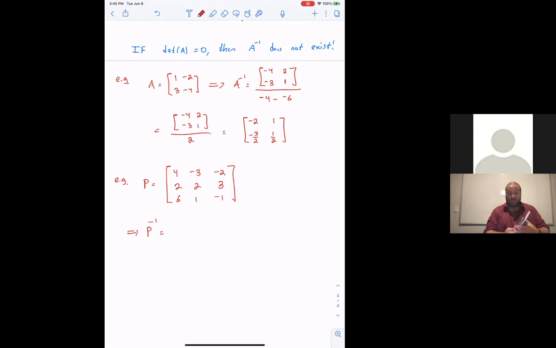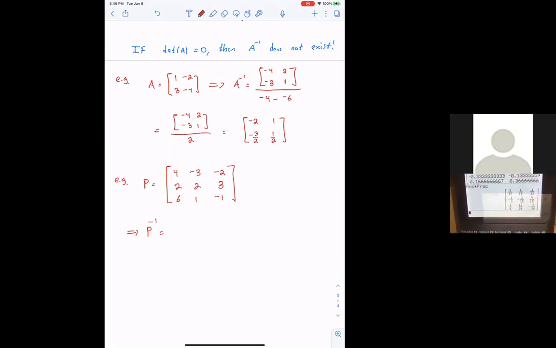Then I hit the X inverse button, which is the same as the matrix button, but not in second mode. So I have A inverse, and I hit enter, and I get this answer with lots and lots of decimals. I don't like decimals, so I'm going to hit math, enter, enter, and it goes to fractions.